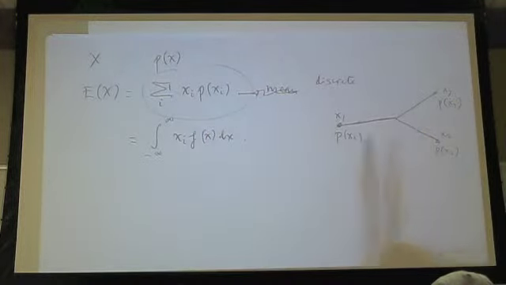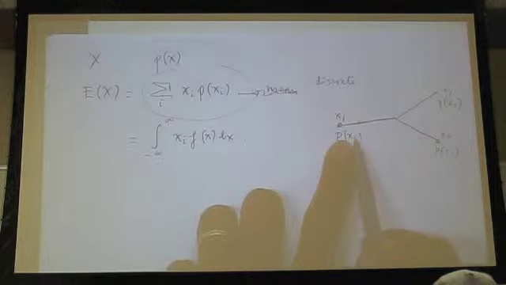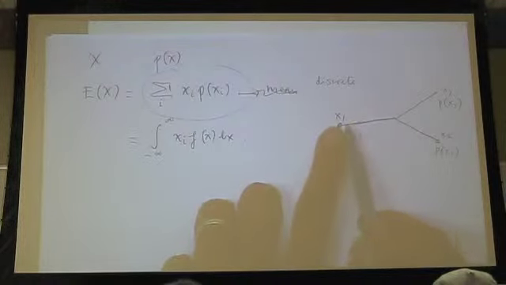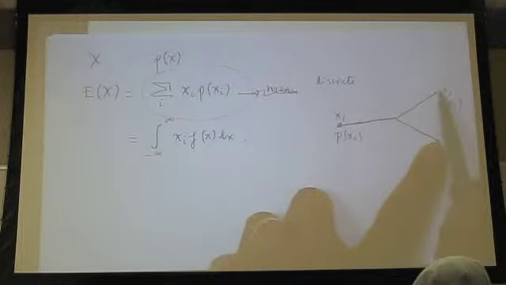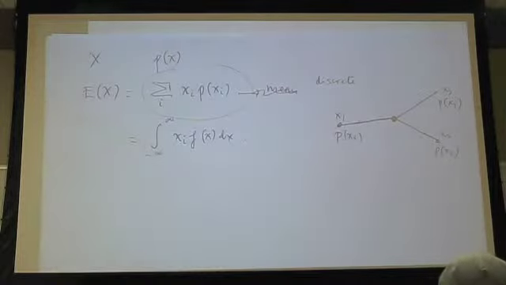And then what do you do? You multiply the probability of x1 with x1, that's the location, and you add it with this one and with that one. It's like you are calculating the center of mass. That's what it measures.